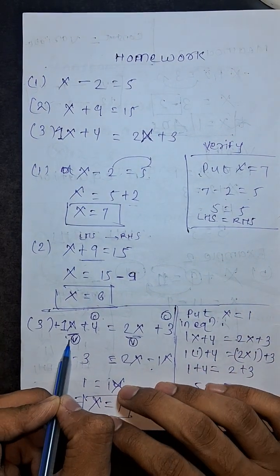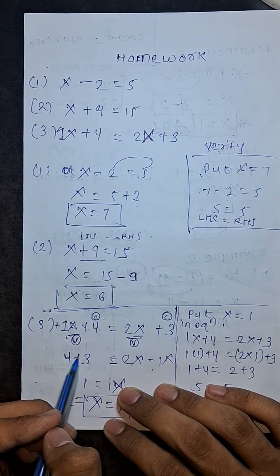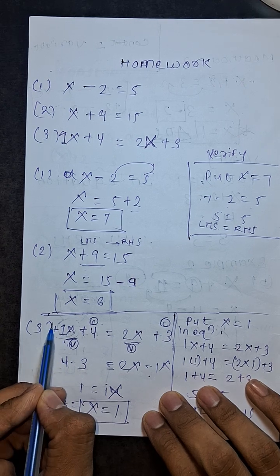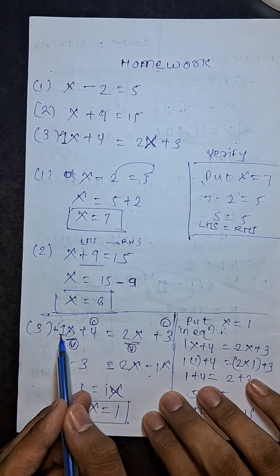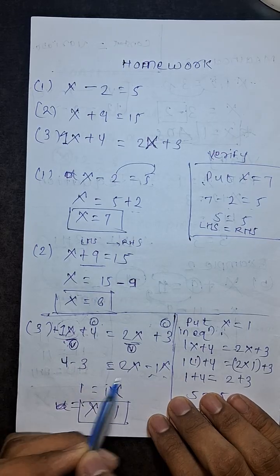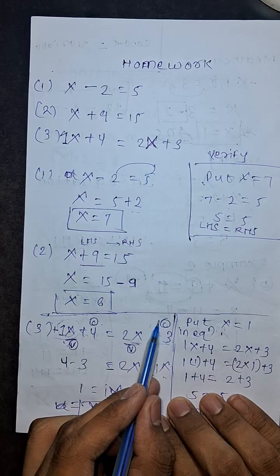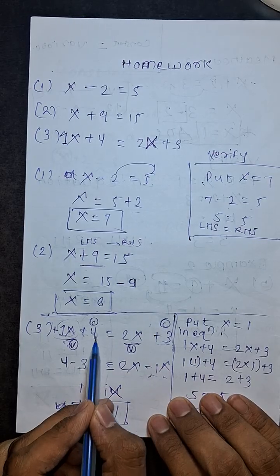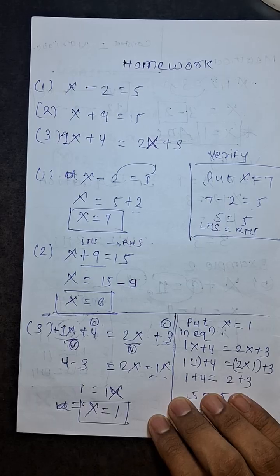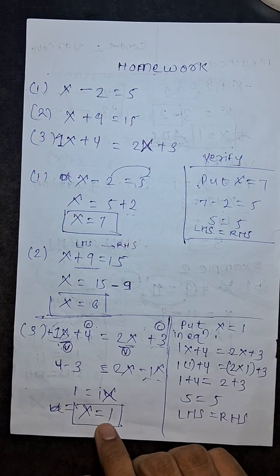So 1x and 2x are variables, 4 and 3 are constants. I move this 1x from the left hand side to the right hand side, so this 1x will get converted into minus 1x, and I move this 3 from the right hand side to the left hand side, so this positive 3 will get converted into negative 3. Hence 1 is equal to 1x, that is x is equal to 1.